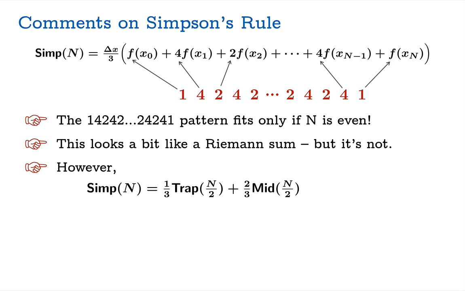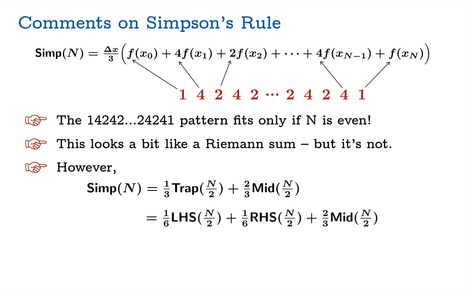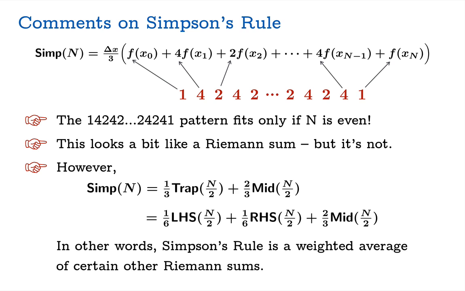And because the trapezoid rule itself is an average of left and right hand sums, it turns out that Simpson's rule is equal to 1/6 of the left hand sum using half as many divisions, 1/6 the right hand sum using half as many divisions, and 2/3 of the midpoint sum using half as many divisions. In other words, Simpson's rule is a weighted average of other Riemann sums, and that's why it looks so much like a Riemann sum itself.